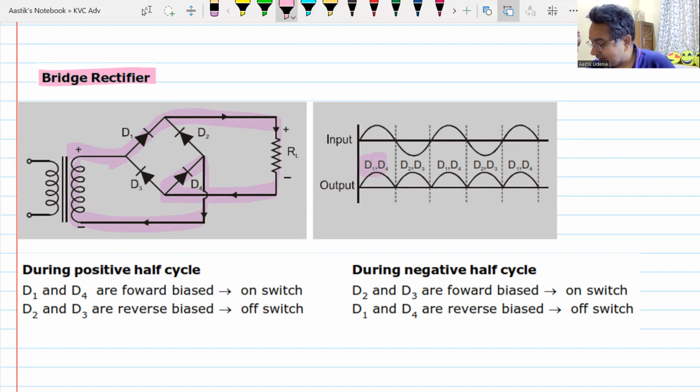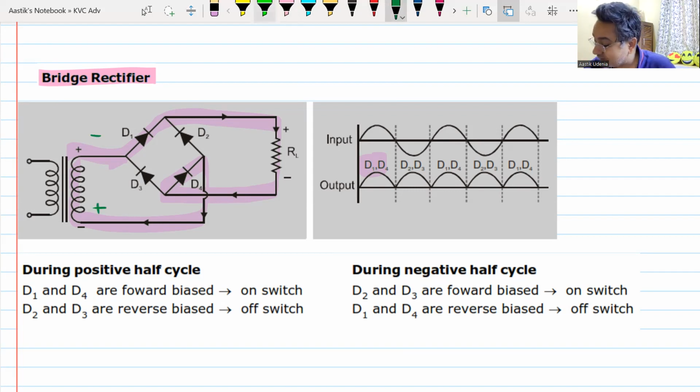What happens in the negative half cycle? D2 and D3 are going to conduct. I will show you. In the negative half cycle, this will become positive and this will become negative.